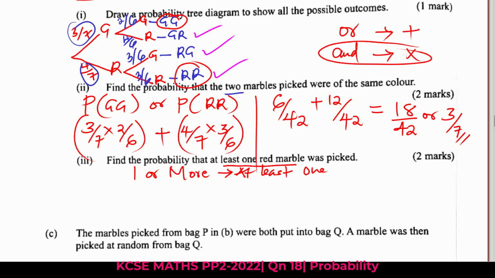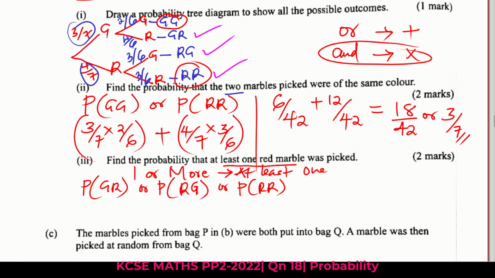You can do it using 2 methods, but I go for the shortest. The first way, you get the probability of green red, or the probability of red and green, or the probability of red and red. Then you multiply and add.